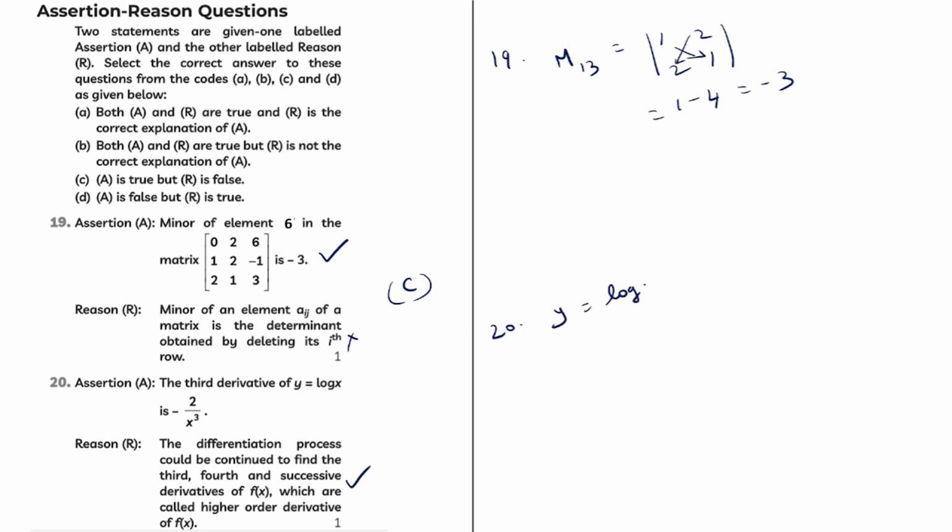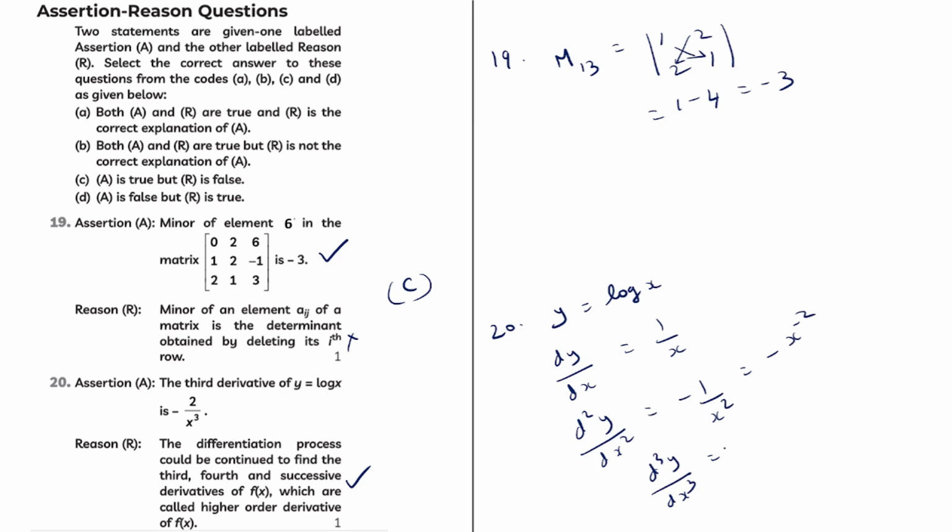y equal to log x, dy by dx is 1 by x, then d square y by dx square is minus 1 by x square, then d3y by dx3 is minus x raised to minus 2.